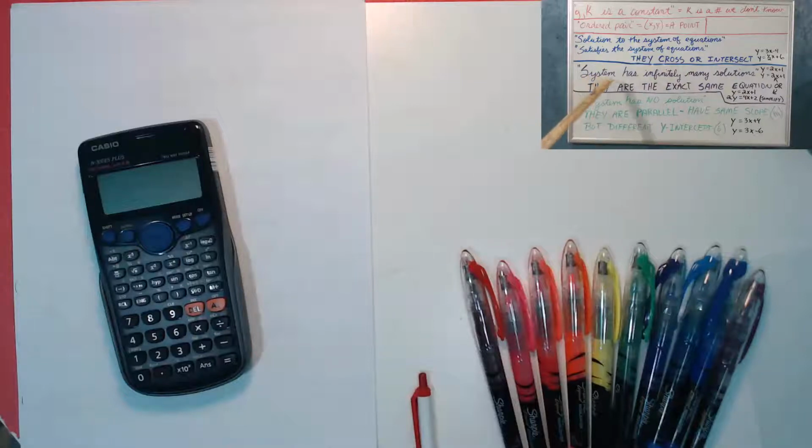If you see system has infinitely many solutions, that means they are the exact same equation. They are the same line. They may trick you, though.